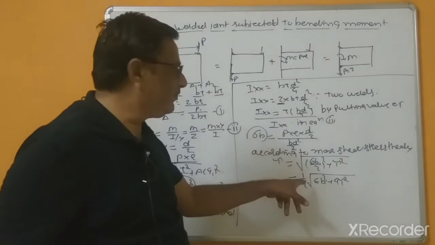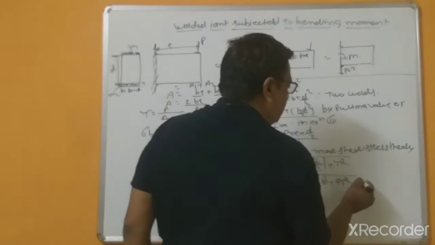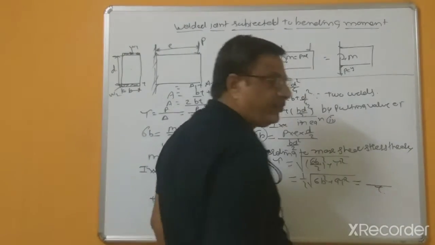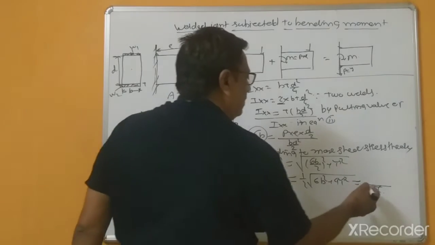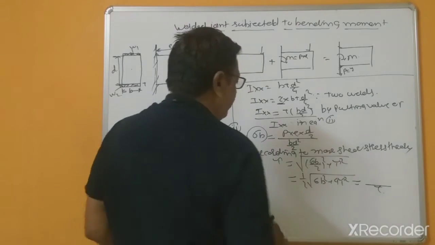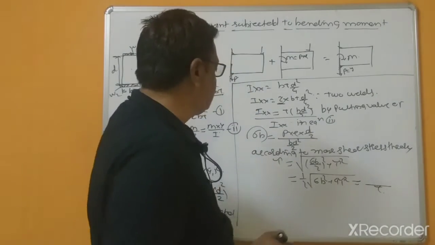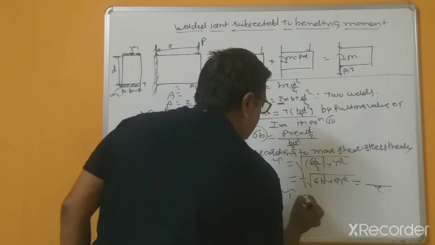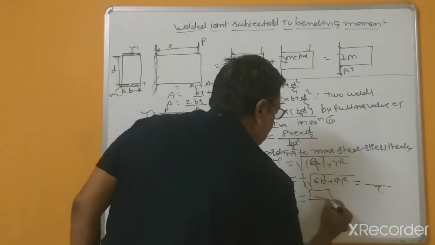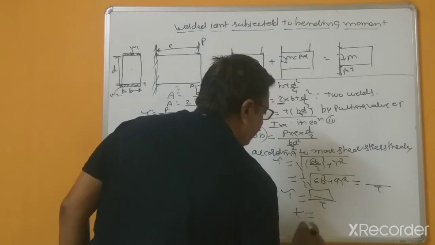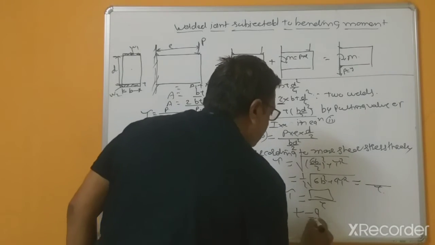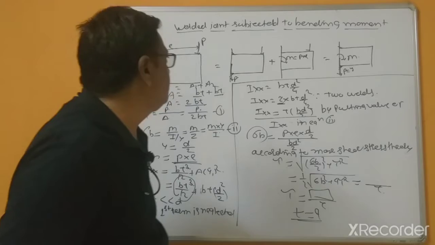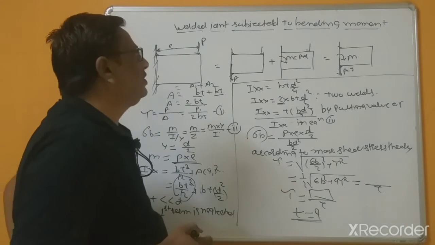In these equations you will get these values in terms of t, and we equate this with the allowable shear stress tau, and we can calculate the value of t. This is the design procedure for a welded joint subjected to bending moment.